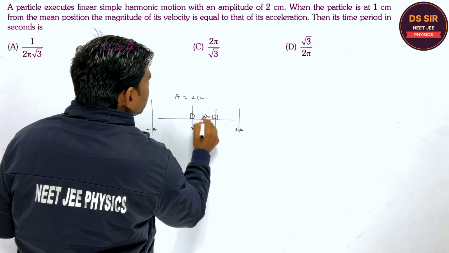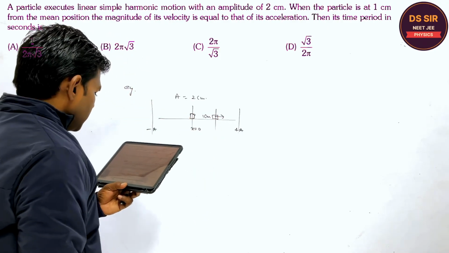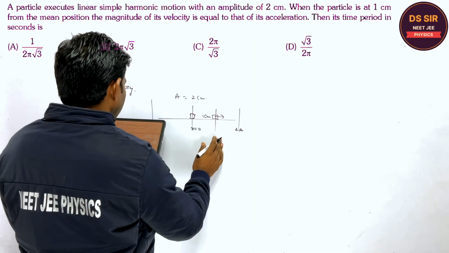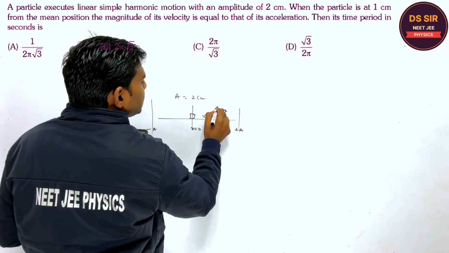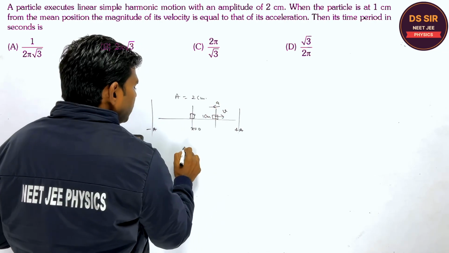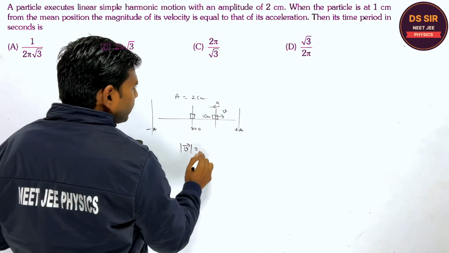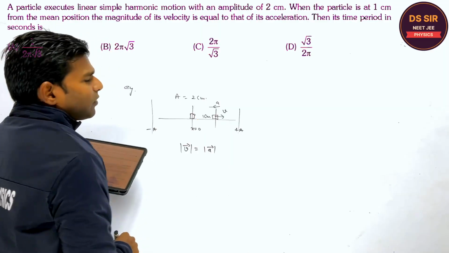The particle is at this point from the mean position. The magnitude of velocity is equal to that of its acceleration. So here the velocity is v and the acceleration at this point will be a. So they are telling that the magnitude of the velocity is equal to the magnitude of acceleration.